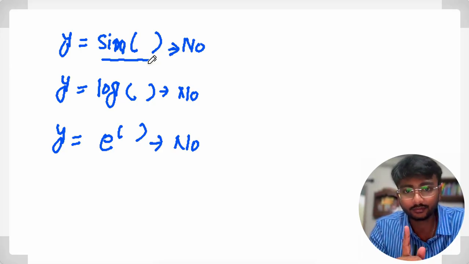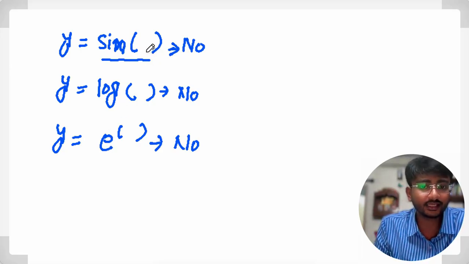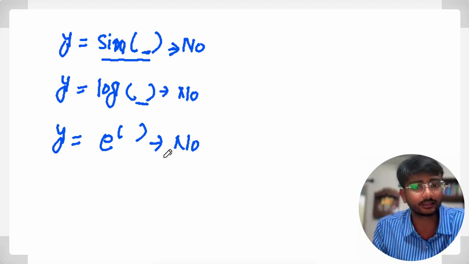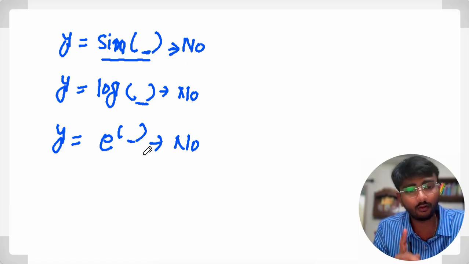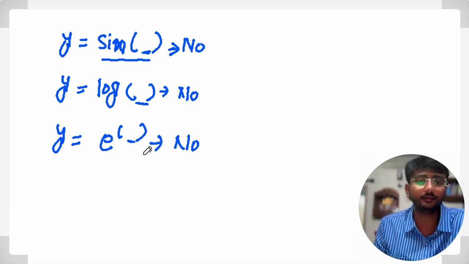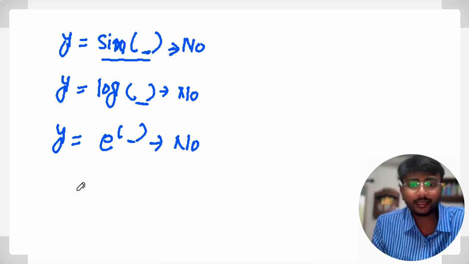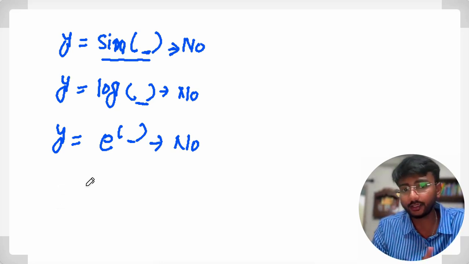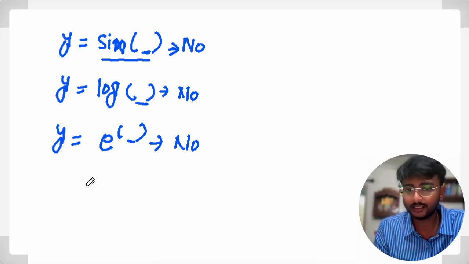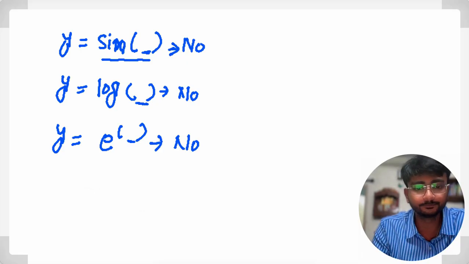So angle is dimensionless. That's why anything which is inside a sine function or any trigonometric function, or inside any log function or any exponential function, will also be dimensionless. So from here you can calculate the dimension of any quantity which is inside a sine function or any log function or any exponential function. Let's understand by example.